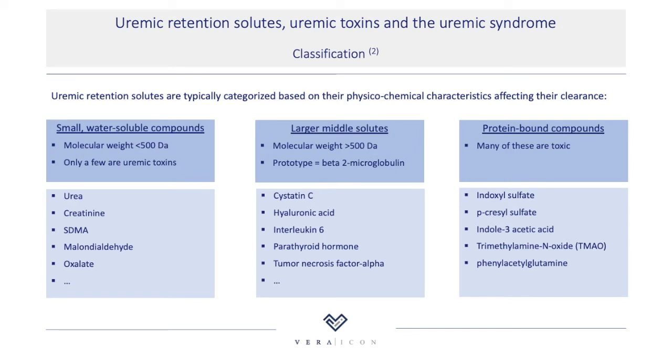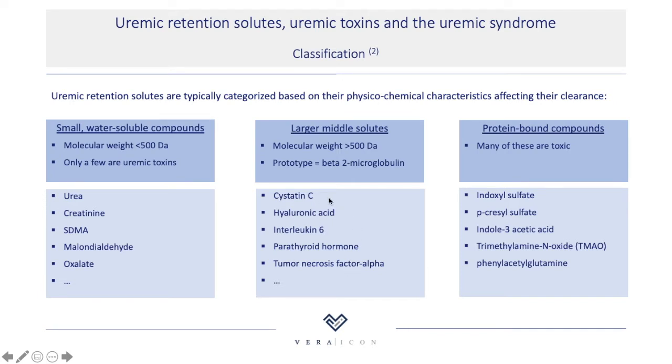Toxicity goes up when we go from one class to another. The middle class is more toxic than the class on the left, and the class on the right is even more toxic. In this middle class, we will find these larger solutes that are retained, like cystatin C, and there have been some studies on the role of cystatin C in kidney disease, hyaluronic acid, and there are others, interleukin-6, tumor necrosis factor alpha.